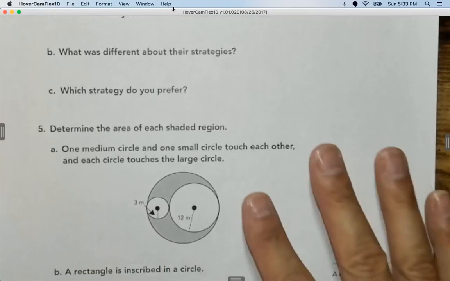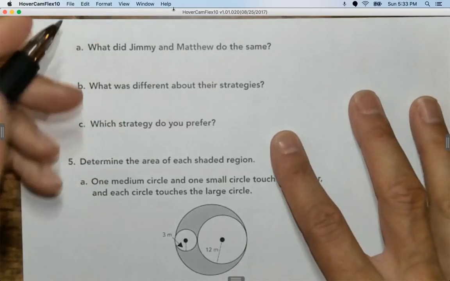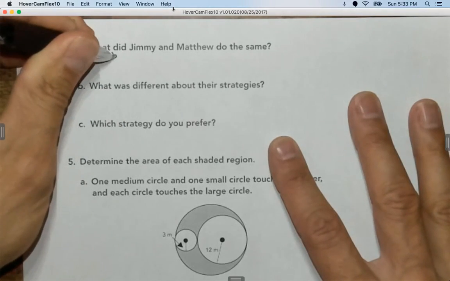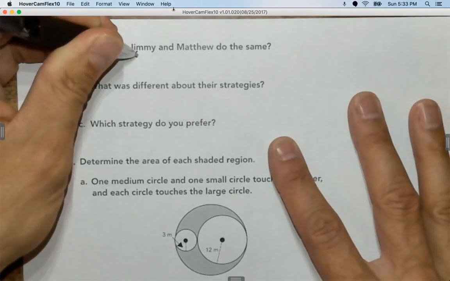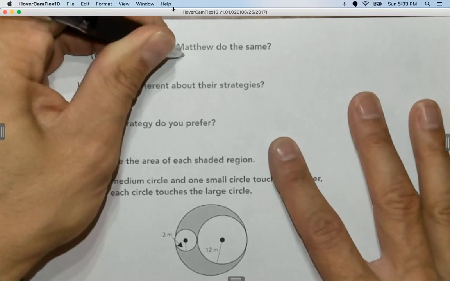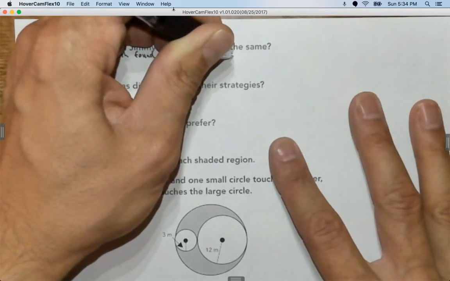Okay, so now they're going to ask us questions about that. What did Jimmy and Matthew do the same? They both found the area of the smaller circles.